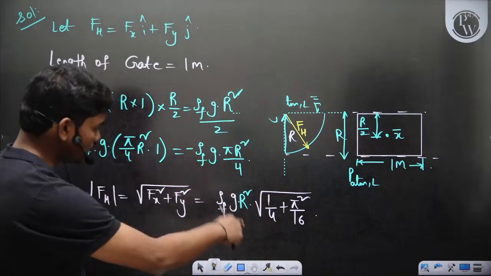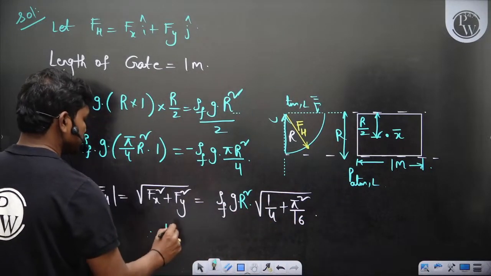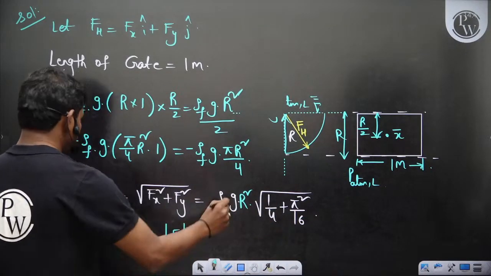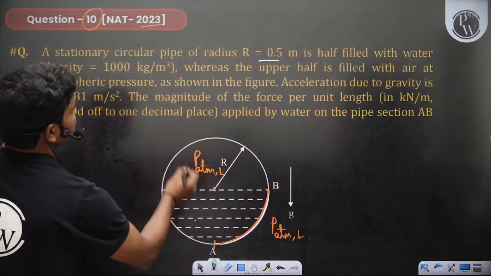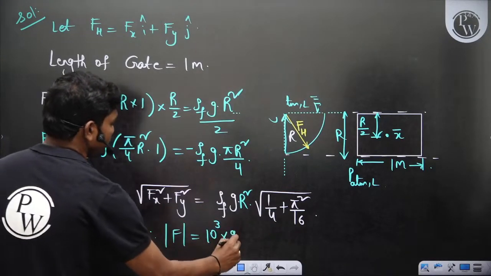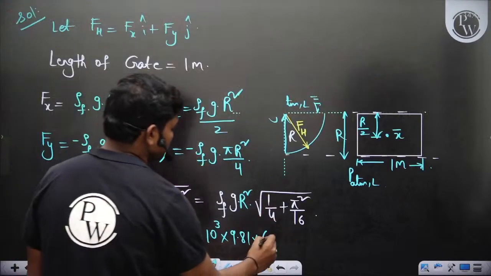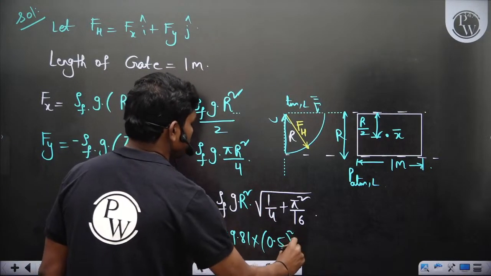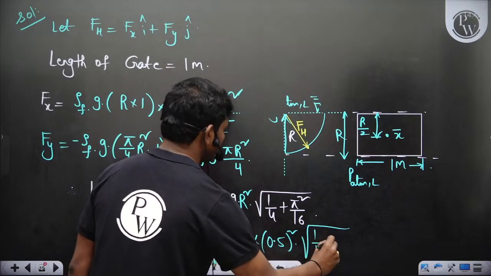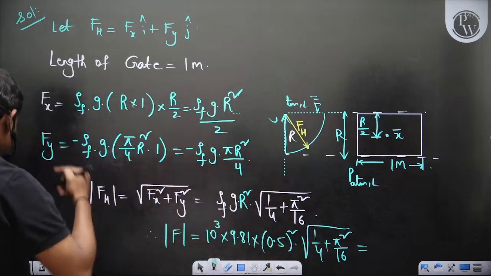Okay, let's solve this. So therefore the magnitude of the force is equal to density. The fluid is water, so 1000, g is 9.81, r square where the radius is 0.5, so 0.5 square into root of 1 by 4 plus pi square upon 16. Just take a calculator and quickly do the solution.